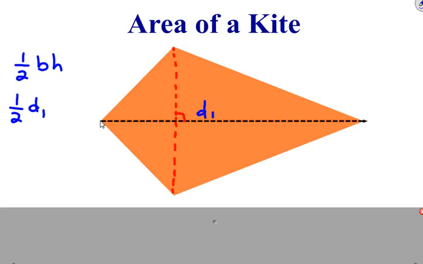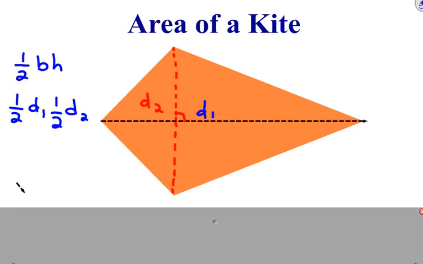So if I'm using my formula, 1/2 base times height, I've plugged in D1 for the base. I'm going to plug in half of what we will call D2, half of D sub 2. So this would be the area of the top triangle.